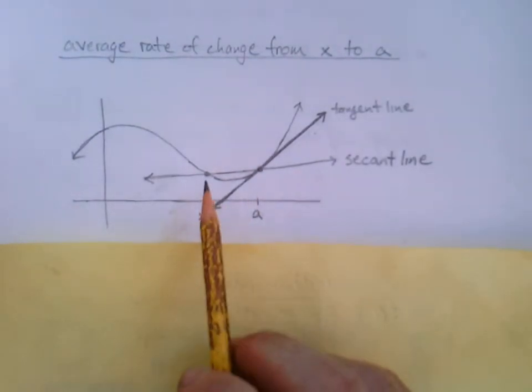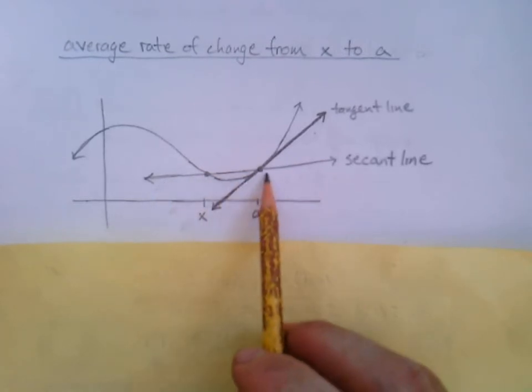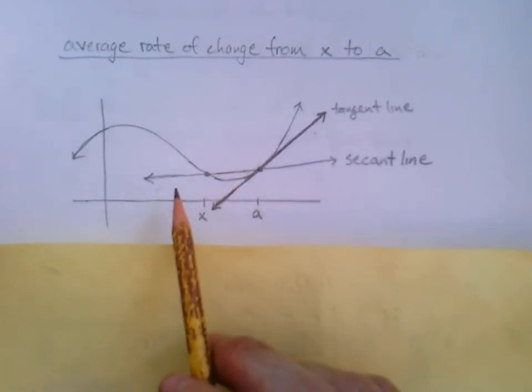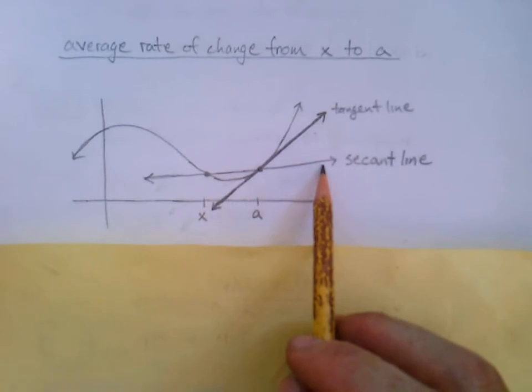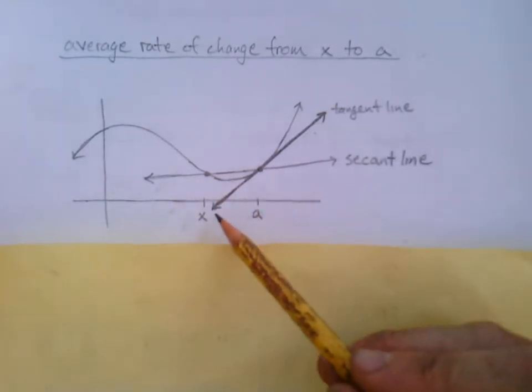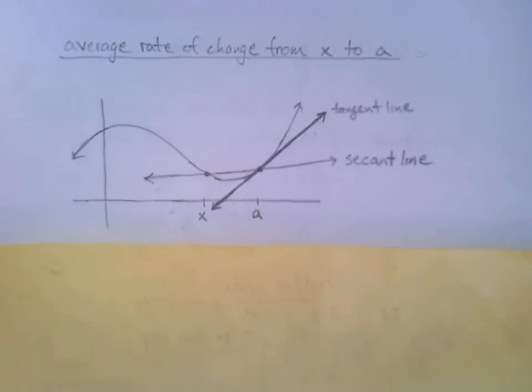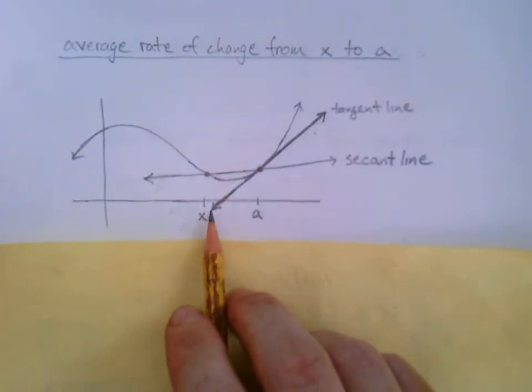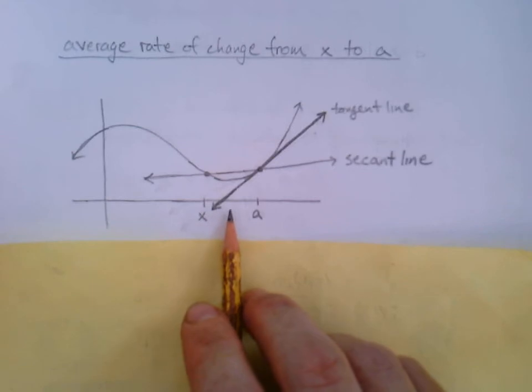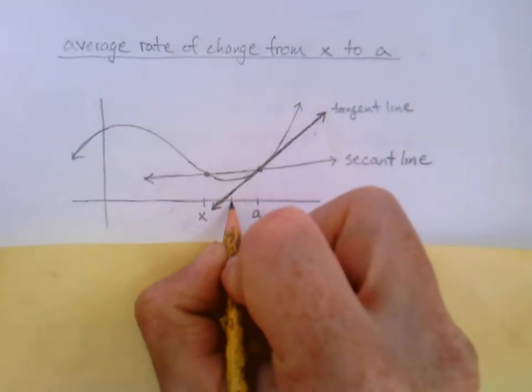If I draw another point back over here and I connect it with a, we're thinking, is this line a very decent approximation for this tangent line? Well, no, not at all. They're nowhere even close. But what if I did something? What if I moved the x a little bit closer? Maybe halfway.